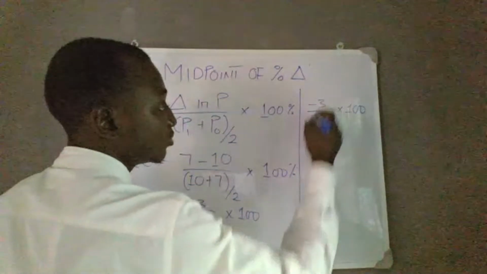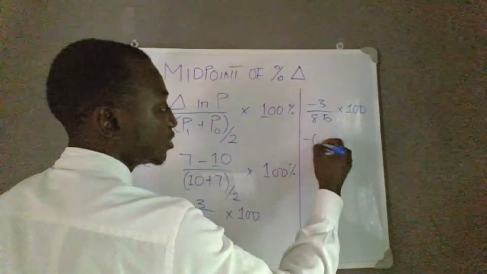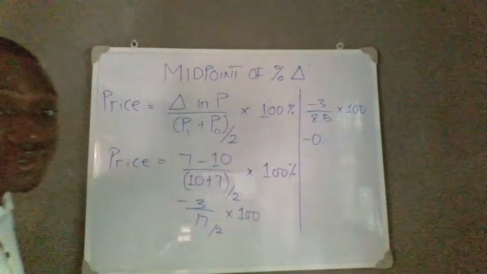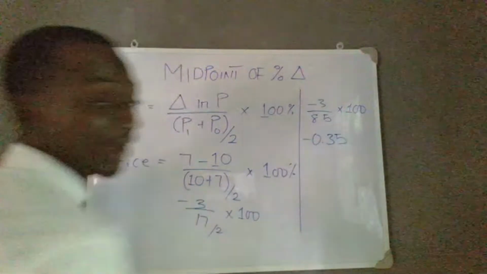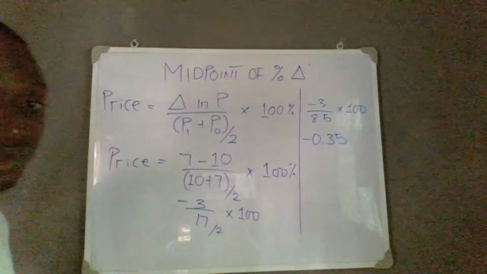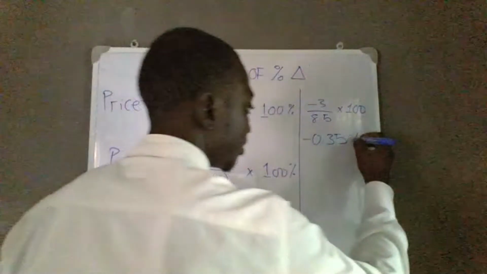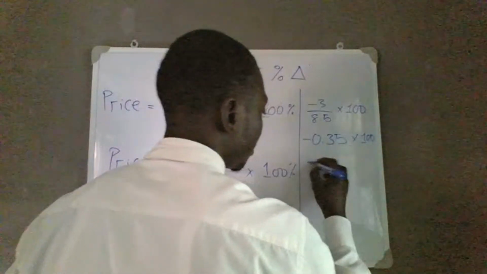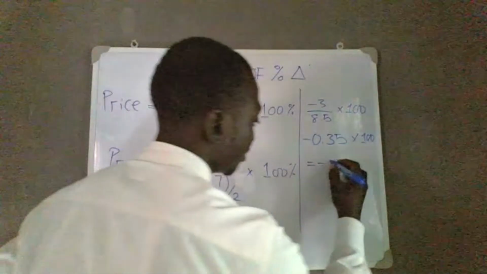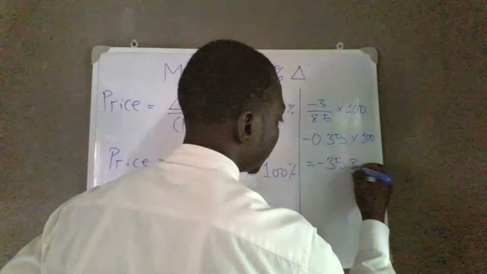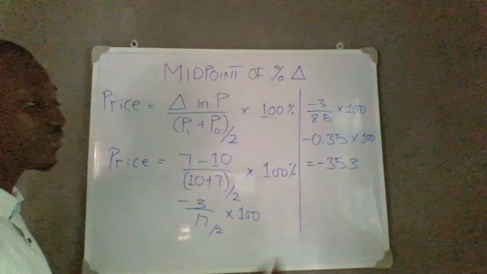When we divide both, we have minus 0.35. Then multiplied by 100, we have our final answer as minus 35.3.